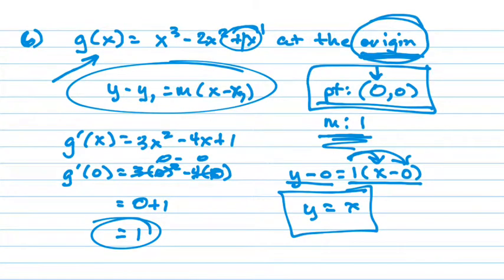Okay, let's do another one. Same page. Let's see. How brave are we? Do we want to do 10 or 12? 12? Okay. Good deal. y equals x times x plus 1 times x plus 2.